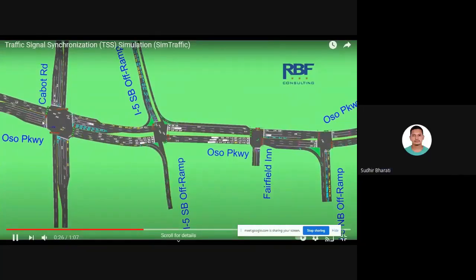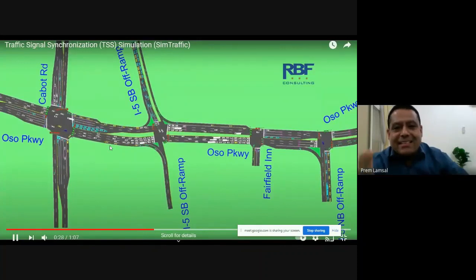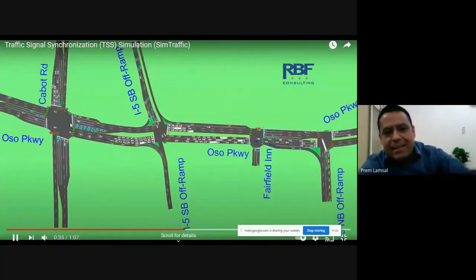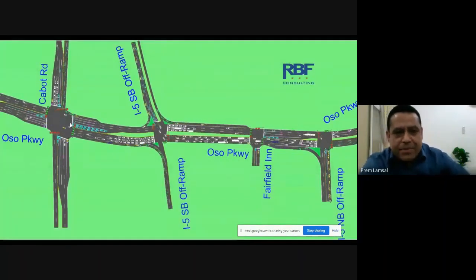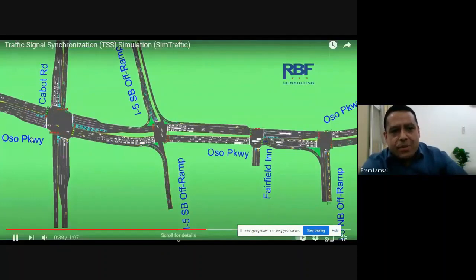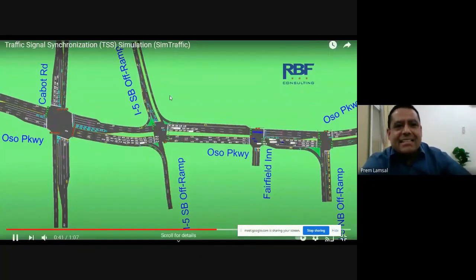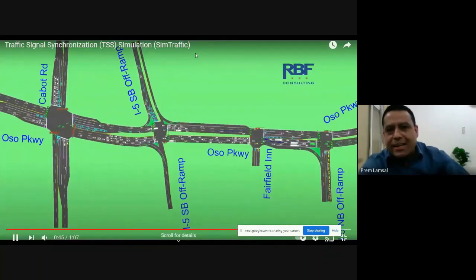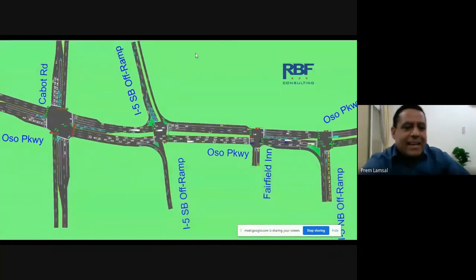Yes, sir. This is basically Synchro. What is happening here? We input all this data, turning movements and everything, as I showed in my previous screenshot. We input it there, and you can see this actually. There is a simulation, a SimTraffic plugin. We can go there, click it, and you can exactly see.